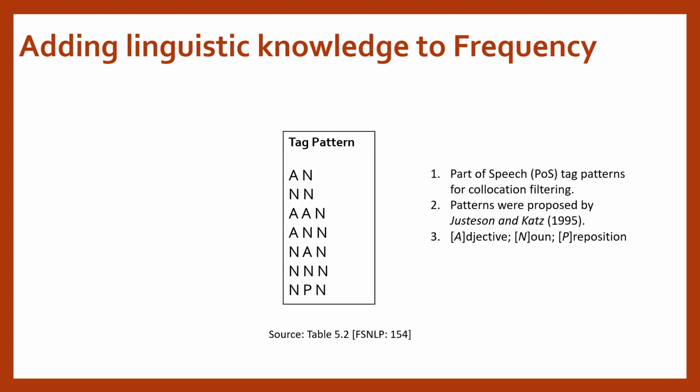In one of the studies, they proposed a small set of tags which is indicative of co-locations. In this particular case, A stands for adjective, N stands for noun, and P stands for preposition. If the words have this particular pattern and are also very frequent, then you can consider them a co-location.